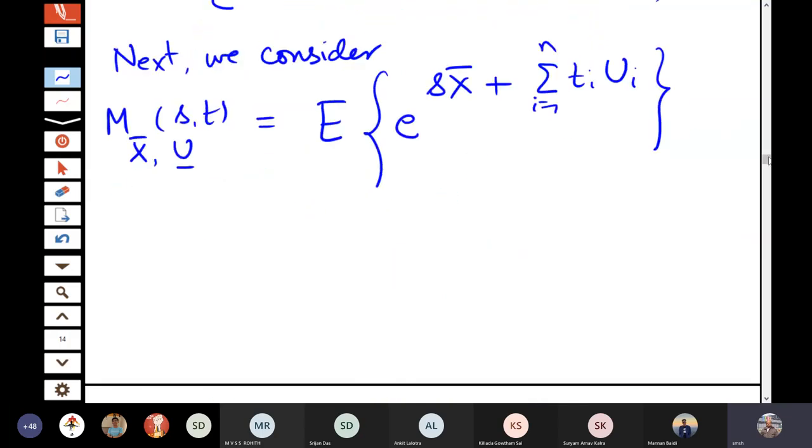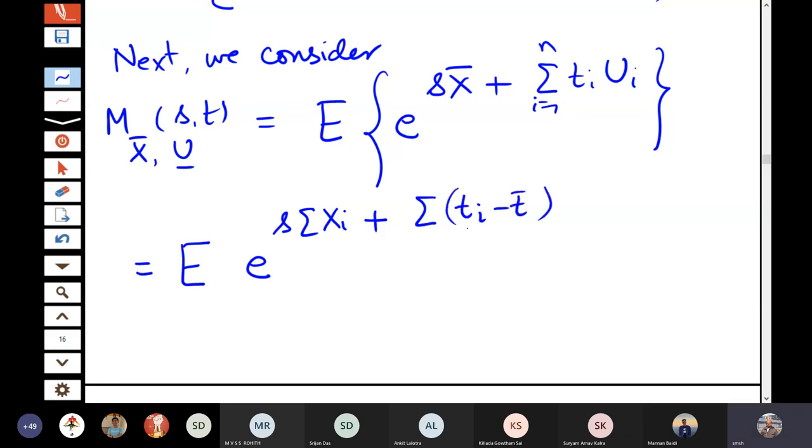So we will just use that here. This will give me the expectation of e to the power s x bar, which I write as sigma xi, plus sigma (ti minus t bar) xi. So I have used the simplification which I did in the earlier steps, so I am not rewriting that here. Is that okay? Okay, sir.